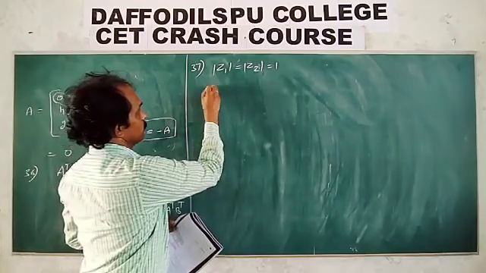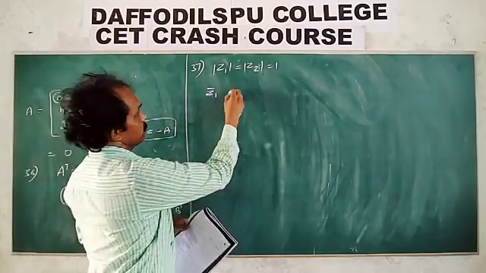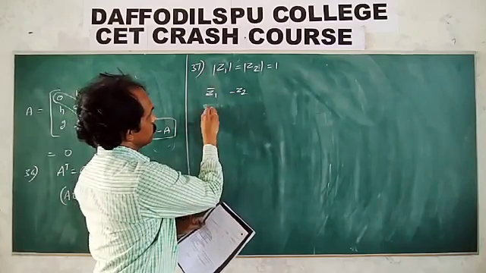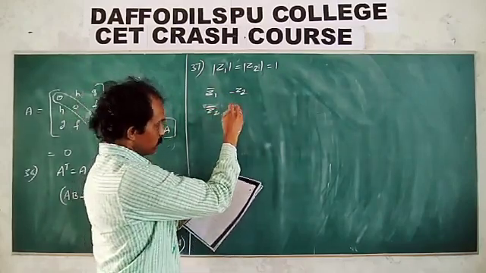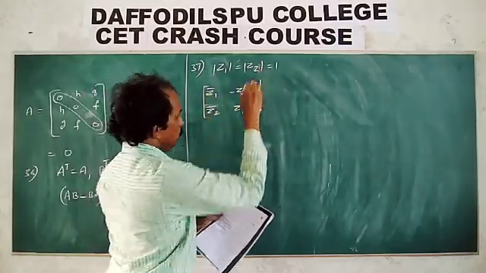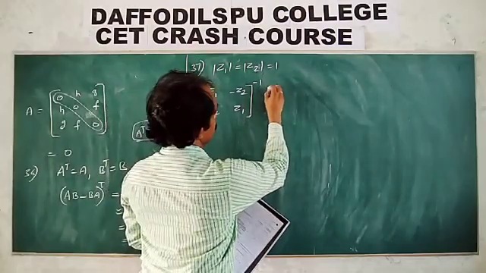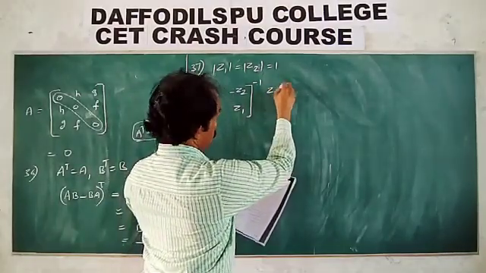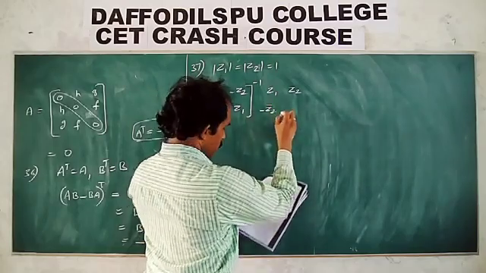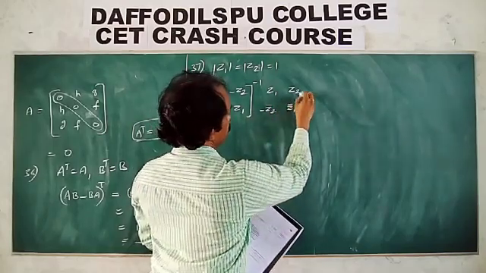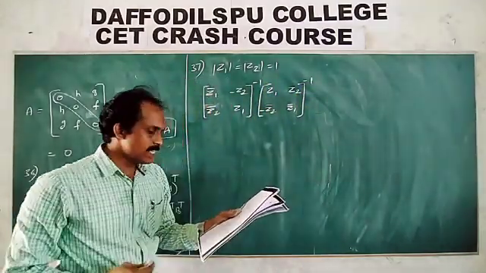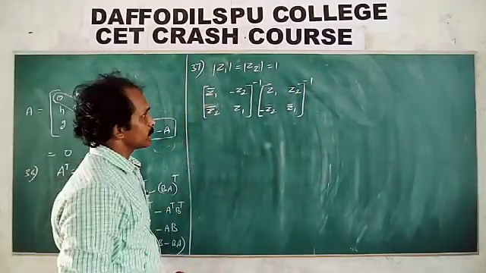Here, the matrix Z1 bar, minus Z2, Z2 bar, Z1, whole inverse, times Z1, Z2, minus Z2 bar, Z1 bar, whole inverse is equal to, right.